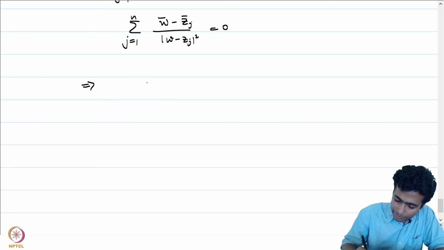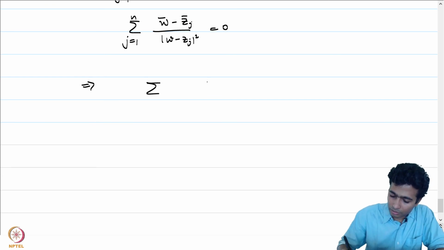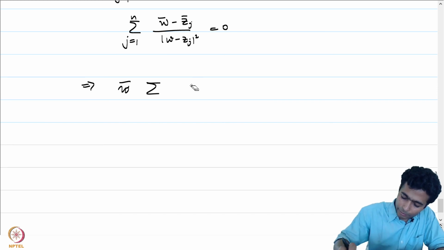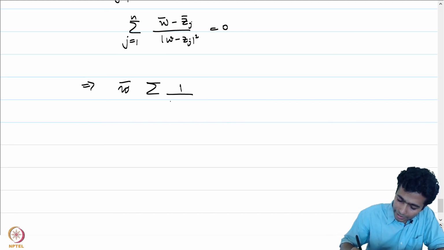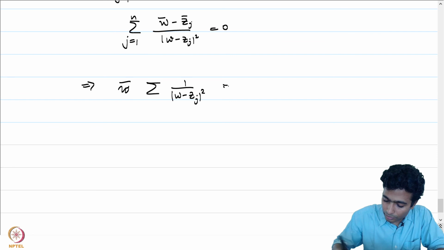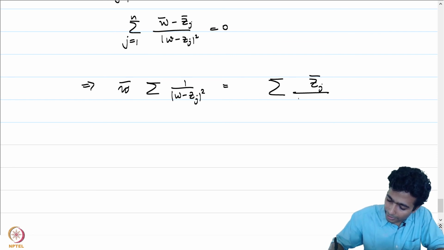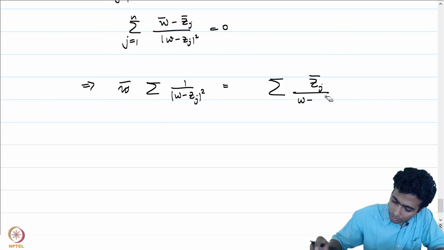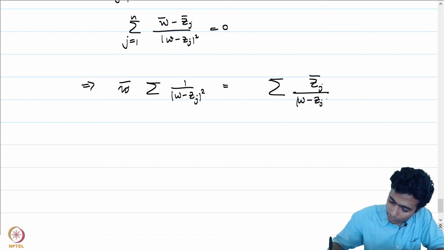This tells us that w bar times the summation of 1 by mod of (w - zj) squared is equal to the summation of zj bar by the absolute value of (w - zj) squared.